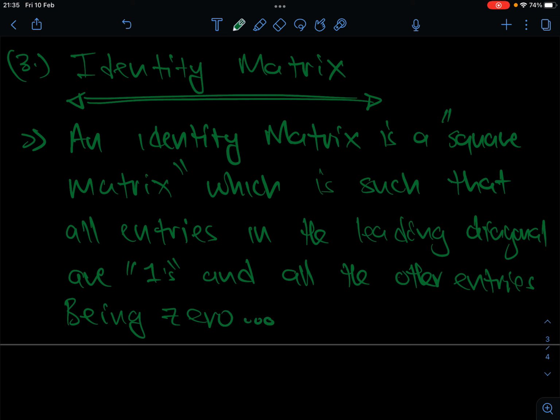You see that? So this is what we call an identity matrix. So an identity matrix is a matrix which is such that all the entries in the leading diagonal are ones and all the other entries are 0. You see that? But now there is a new term that has just popped up, leading diagonal.